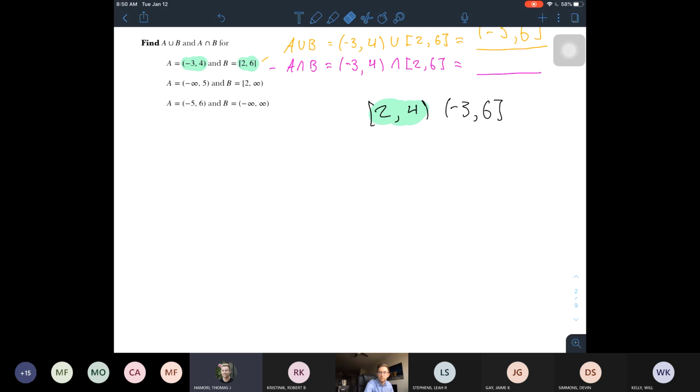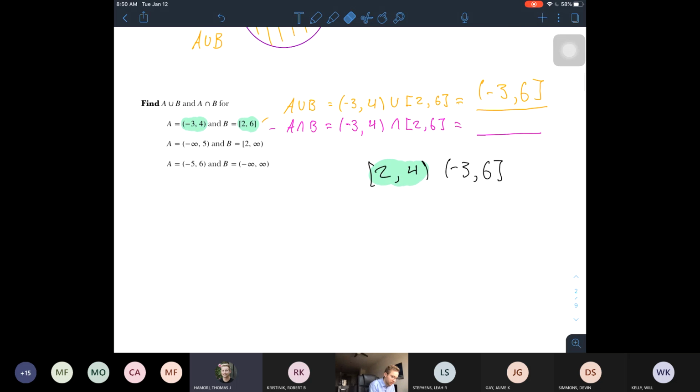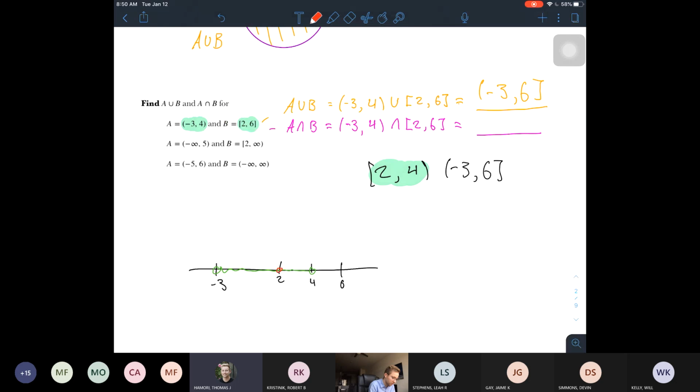Okay, sweet. All right, yeah, we should put the other one in for our intersection, and I'll draw the number line once more so that we can see. Got -3, 2, 4, 6. Our first interval went from -3 to 4. And our second interval went from 2 to 6.